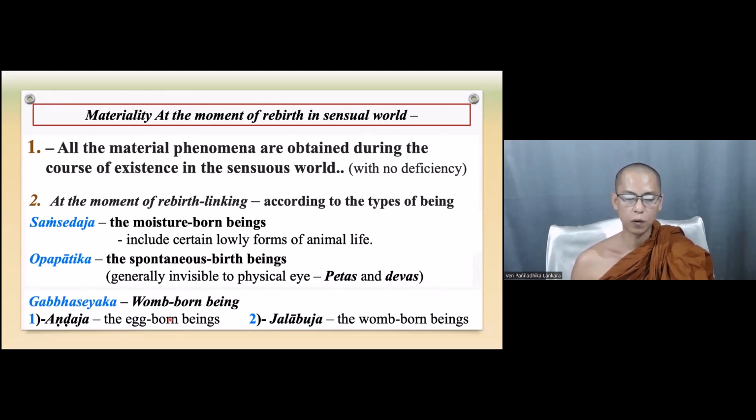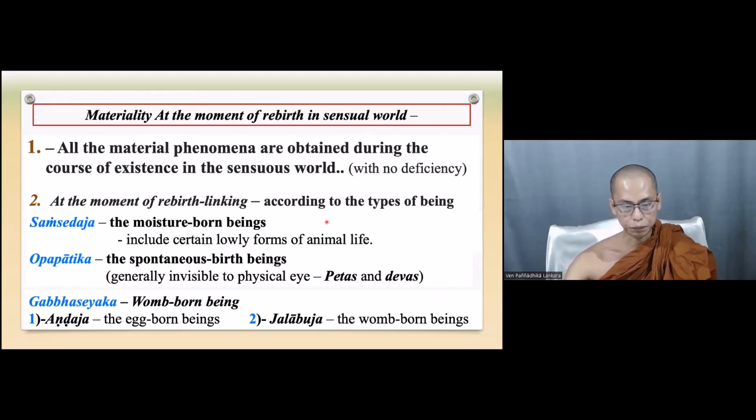At first they were born as an egg, and then they break out, so they were born two times. And also Jalabuja: the womb-born beings in the mother form, like human beings and some animals.